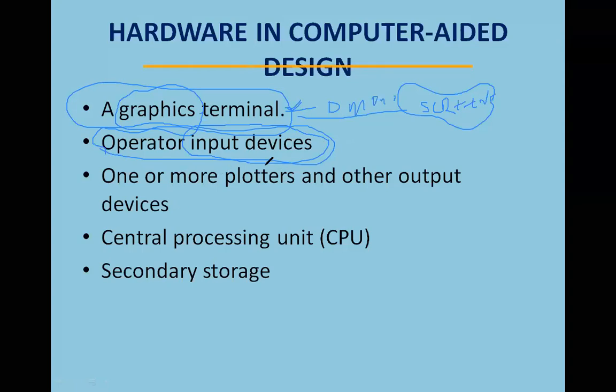A plotter is the same as a printer, a printing device, used to print the hard copy of the AutoCAD drawing. So we need some output devices. Even the monitor is also an output device.